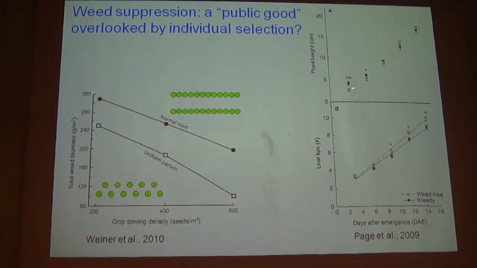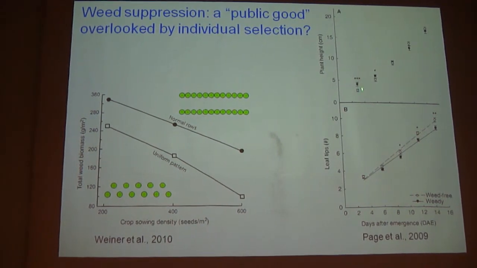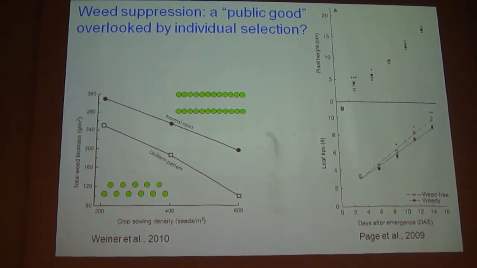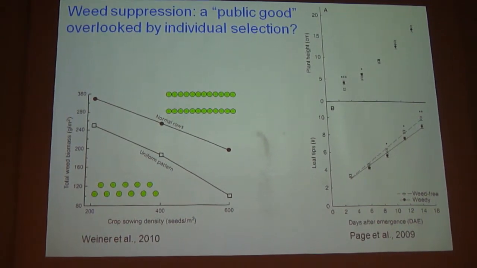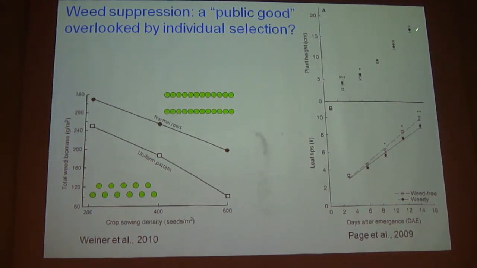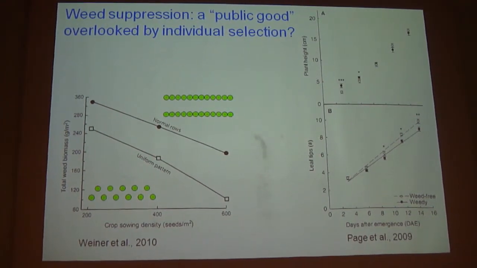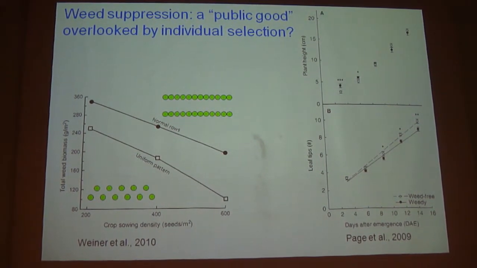You see the weedy crop plants taller than the non-weedy ones. But that increase in height has a cost to the plant, and the net result is that if you look later on in the season, the crop has actually fallen behind what it would have been if it hadn't elongated so much early.